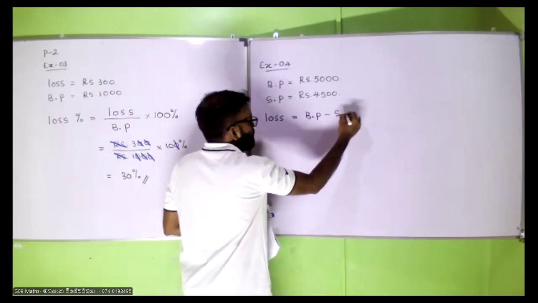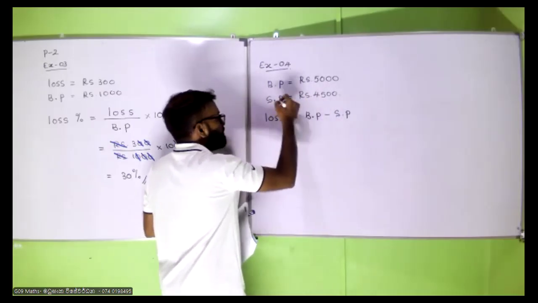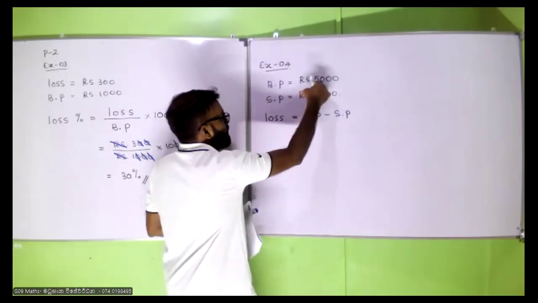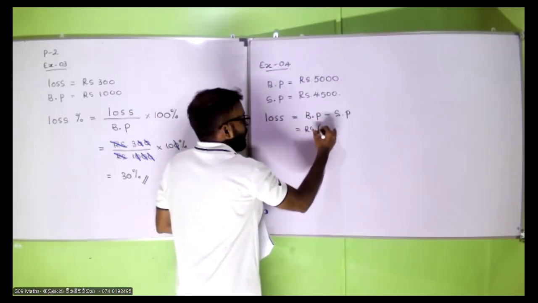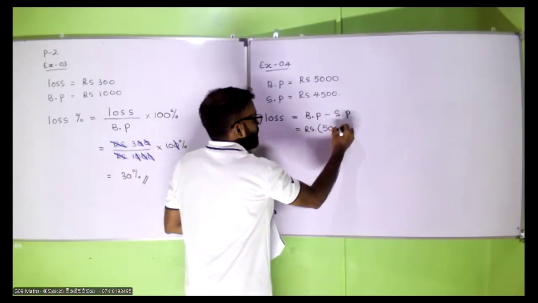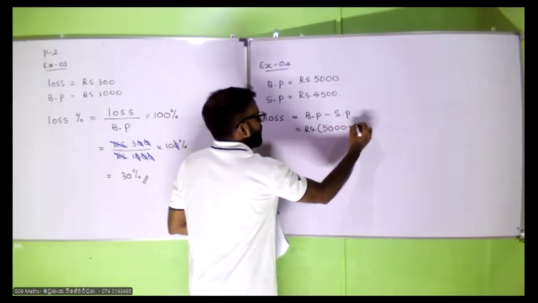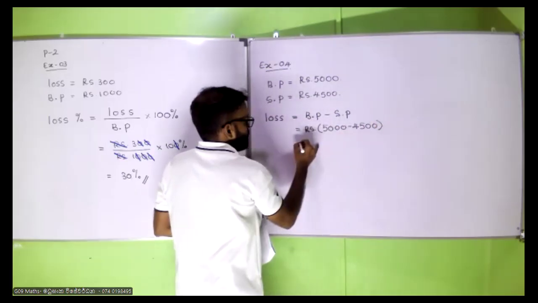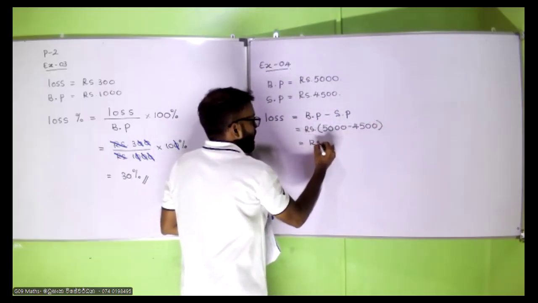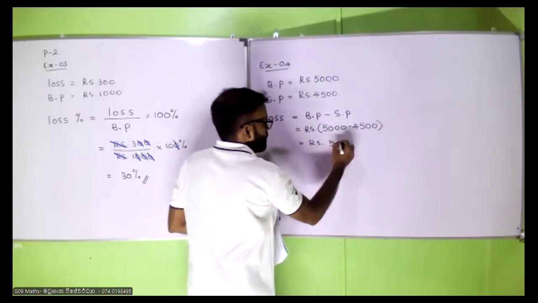The buying price is greater than the selling price. So loss equals buying price minus selling price. Buying price is 5,000, minus 4,500, the selling price. I will put it inside the bracket because the rupees are the same. So the loss is 500 rupees.